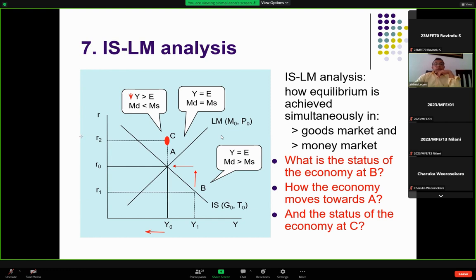So now the interest rate is under pressure in this direction. When it is under pressure in this direction, output again turns back. So this kind of complicated movement is there.